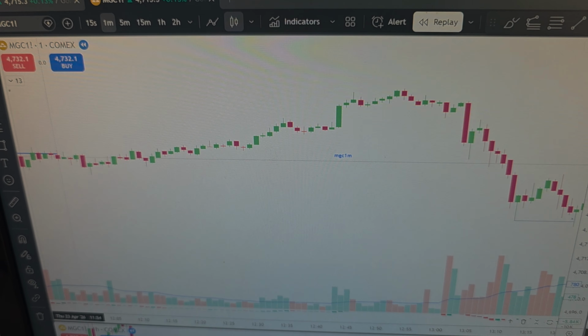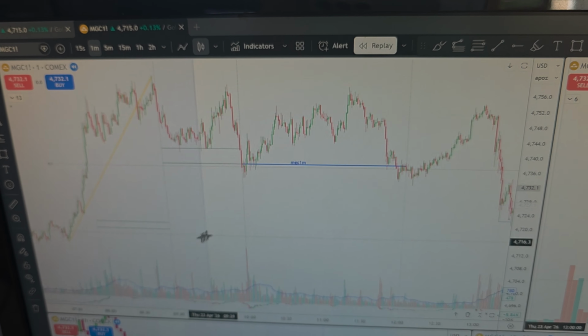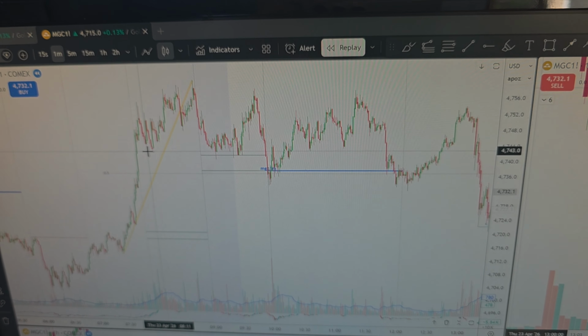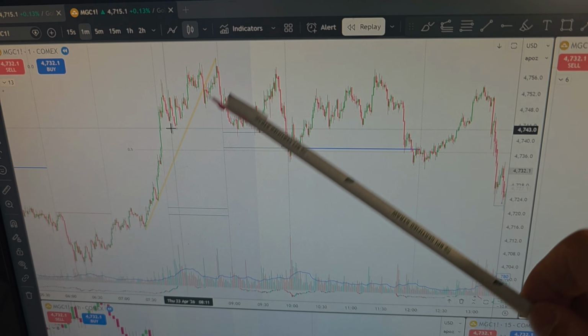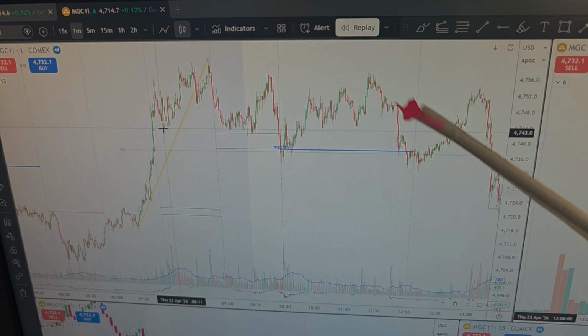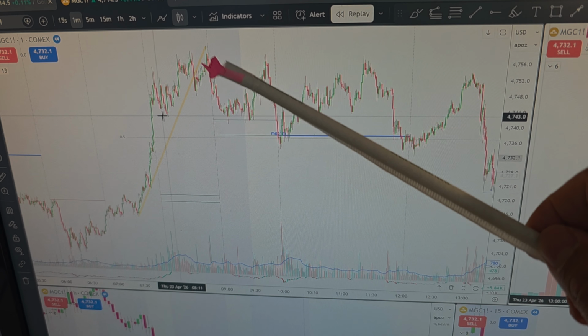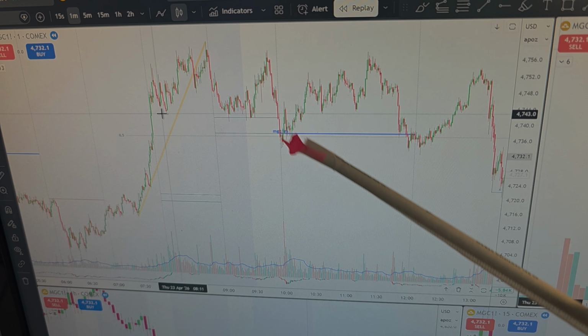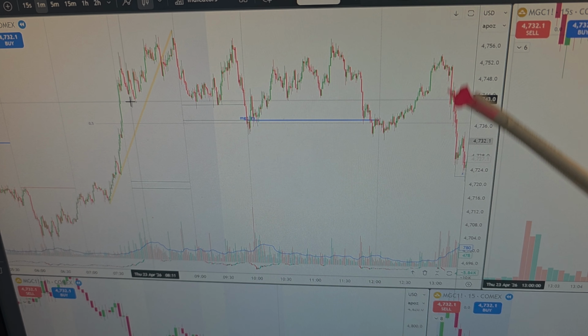And on the 1 minute, it looked like this. We had the move, and then we had the two-step retracement, and then another lower low. So lower high, lower low, lower high, lower low, lower high.